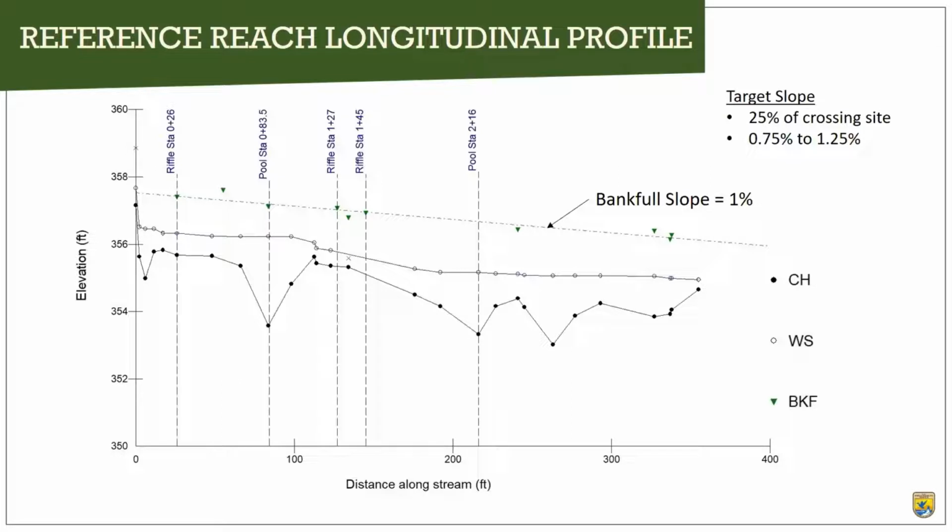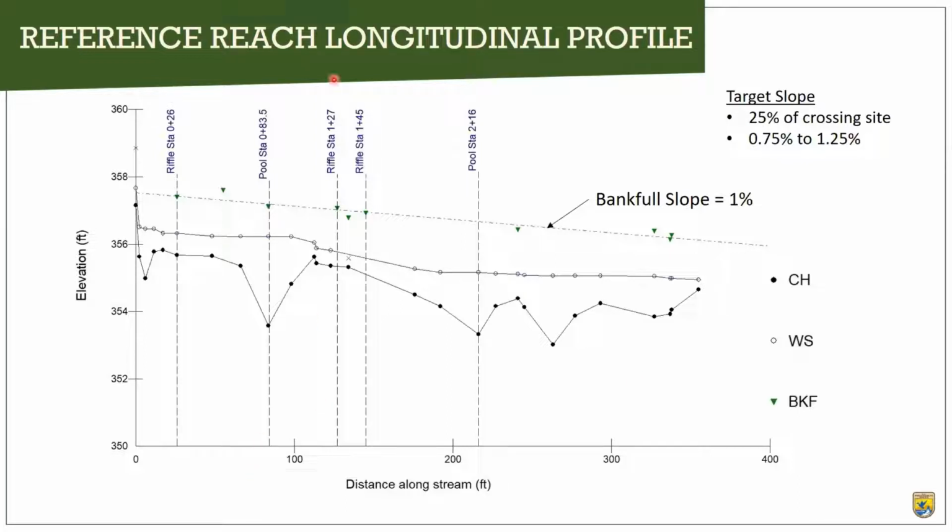So for example, in this example, we've got a bankfull slope of 1%, and we want our crossing design to be from 0.75 to 1.25%. So if we have a crossing where our target slope is 1.25%, this reference reach would be acceptable.